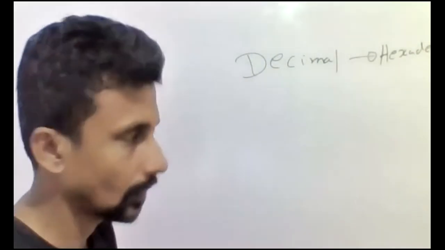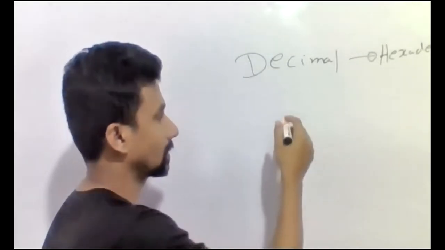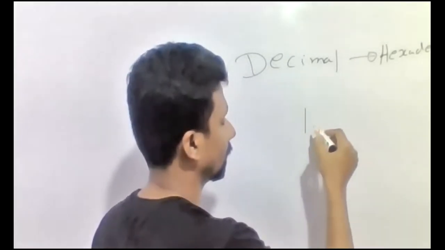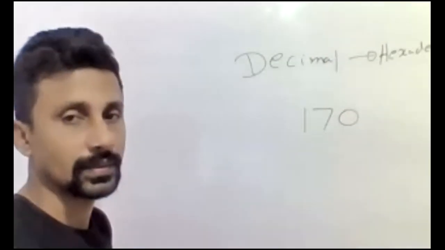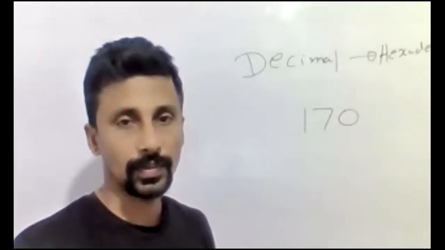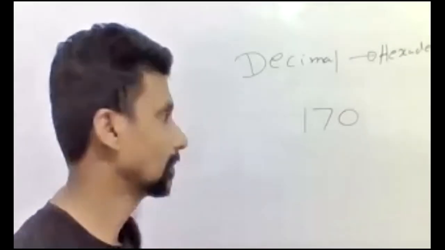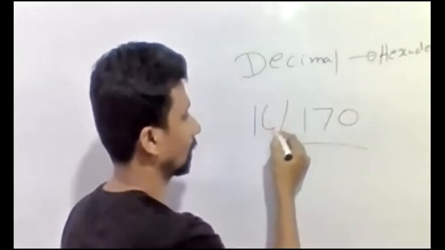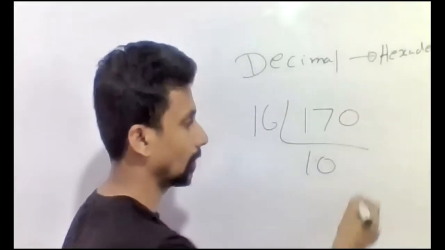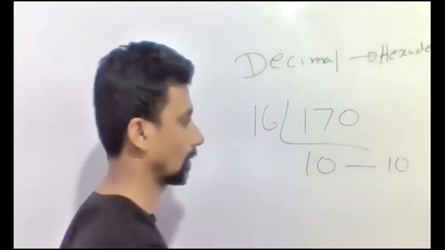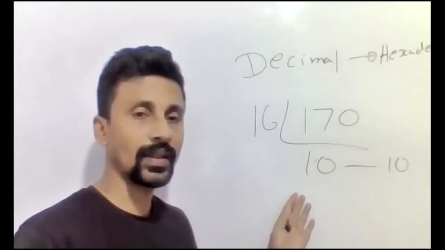If you get something like this, I'll take 170. The same way, but you have to divide by 16. 170 divided by 16 gives 10, and the remaining is also 10. After that I can't divide.